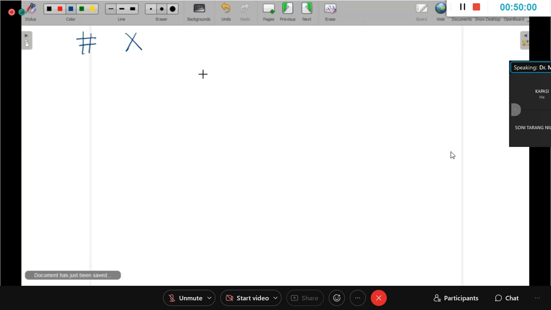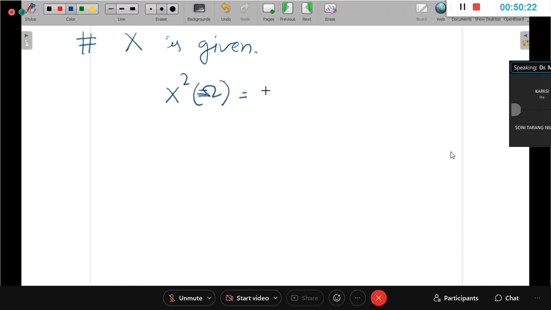So if x is given to you, now what is x square? For example, the range of x square of omega is nothing but x square such that x belongs to omega.